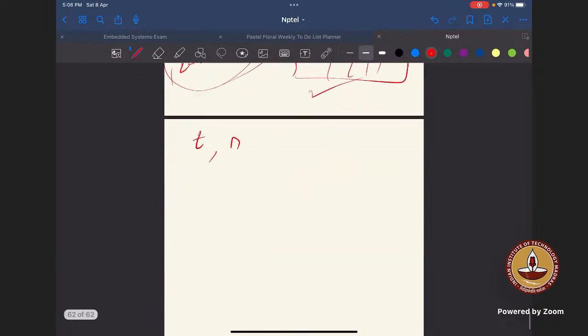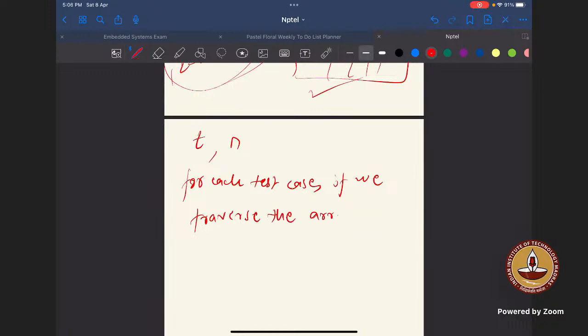Now let's say we have t test cases and n is the size of the array. So let's say for each test case, if we traverse the array linearly, then the time complexity will be order of t into n, because for each test case we are taking order n time.